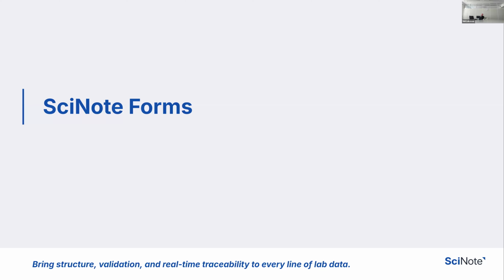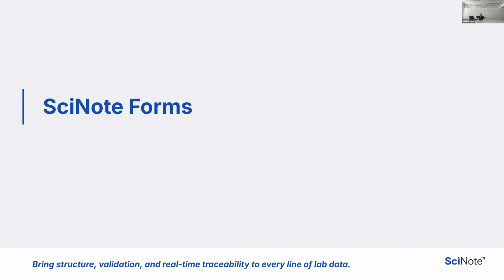So they really allow you to have this structured data input. And they're a big thing, and people love them when the team grows and when they go further down. So pure research usually is not as happy using forms, but the further you move into development and manufacturing, this becomes much more important.